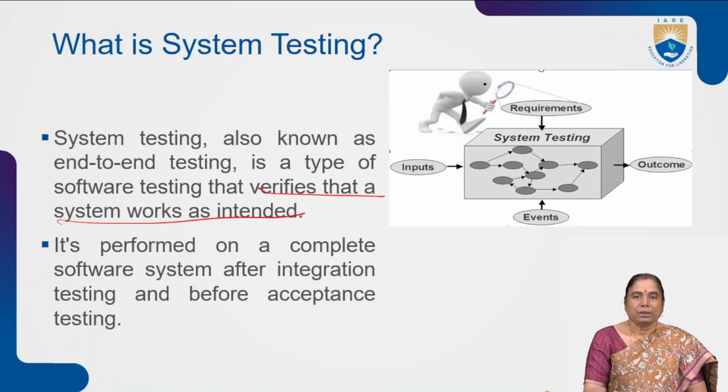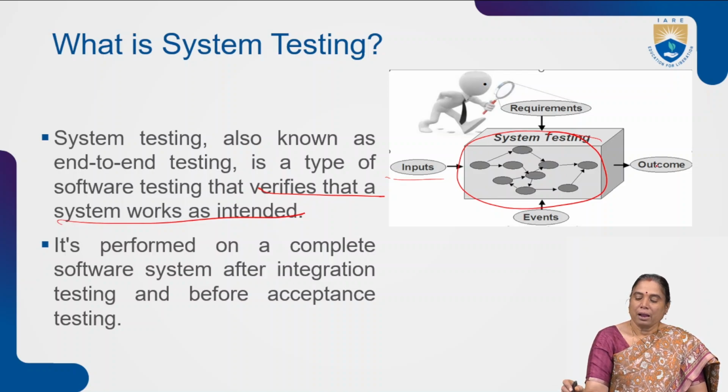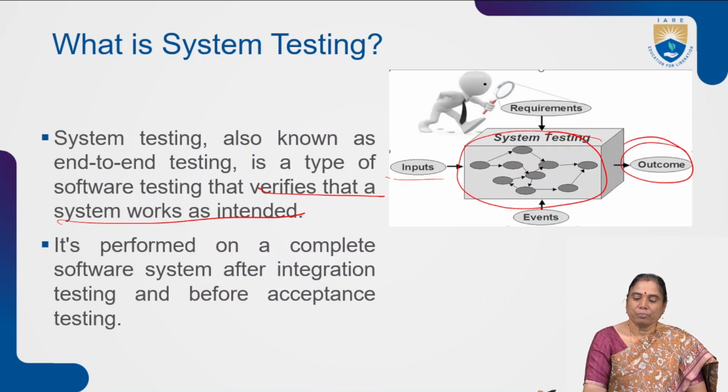After integration testing, when the whole system is developed, the entire application is tested by giving the required input and events to activate the stimuli for the valid requirements, and observing and verifying whether the expected outcome is produced or not. It is performed on a complete software system after integration testing and before user acceptance testing.